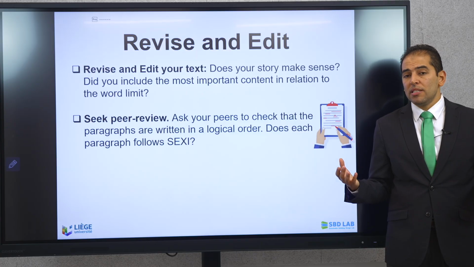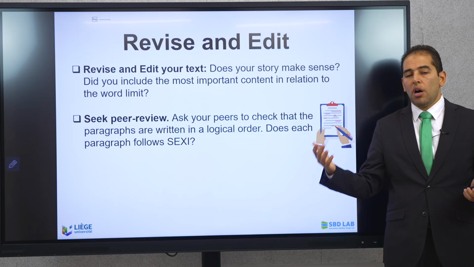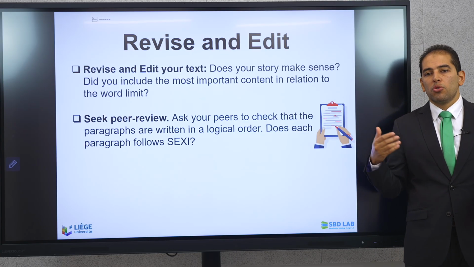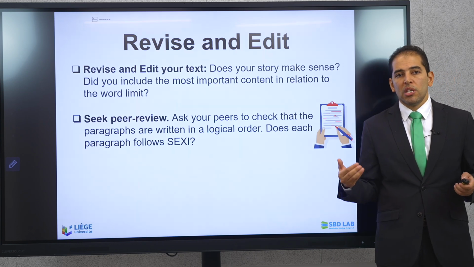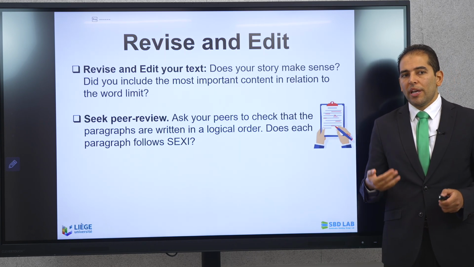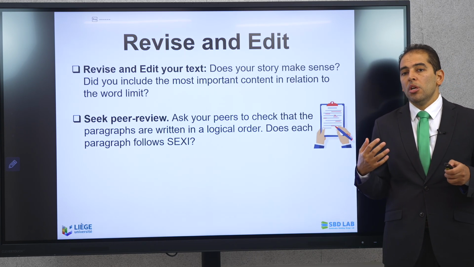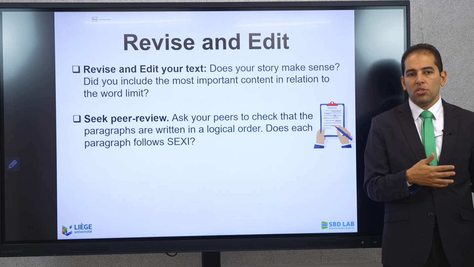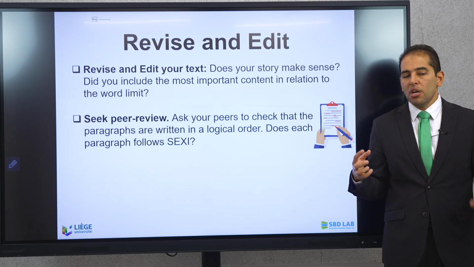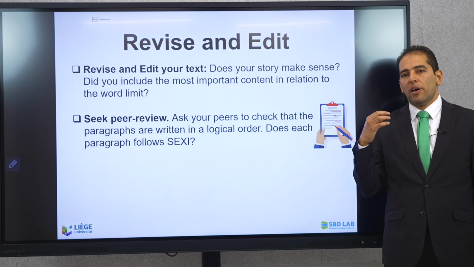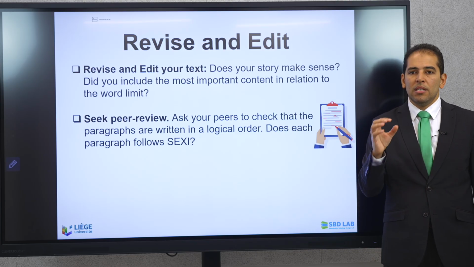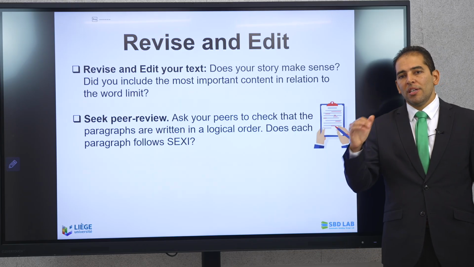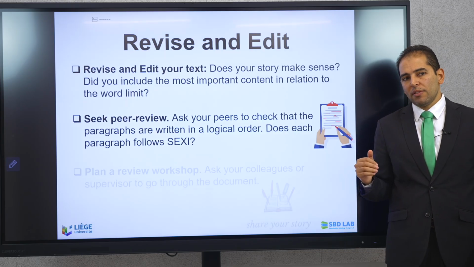Seek peer review at this stage. You can ask other colleagues, peers, your supervisor, or lab collaborators to read and check your work and your paragraphs. You can even do it not only when the paper is fully finished, you can do it when you only have the bullets. For example, you can ask them if they understand the writing based on your sexy approach of writing and developing your paragraphs.